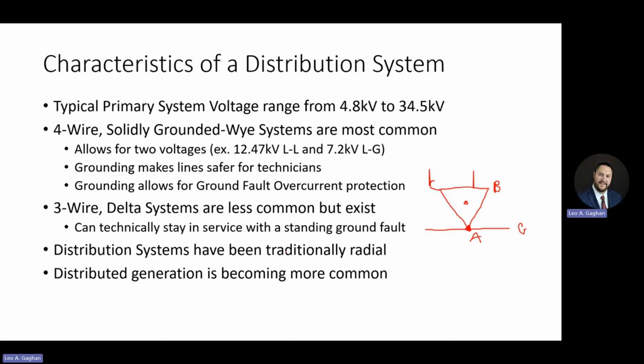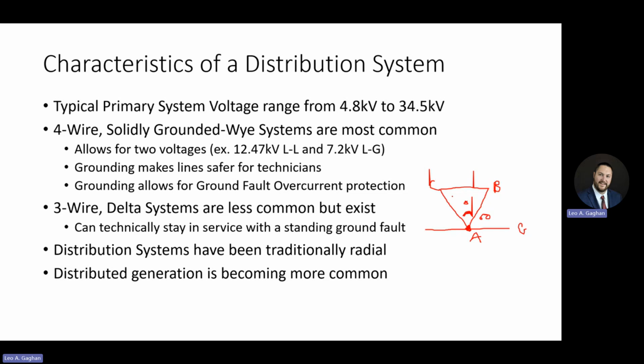It's also tougher to see, but this angle right here, PowerPoint's making it tough for me, that angle right there is going to be 60 degrees. So, a little bit of a phase shift if you were to think in reference to ground.